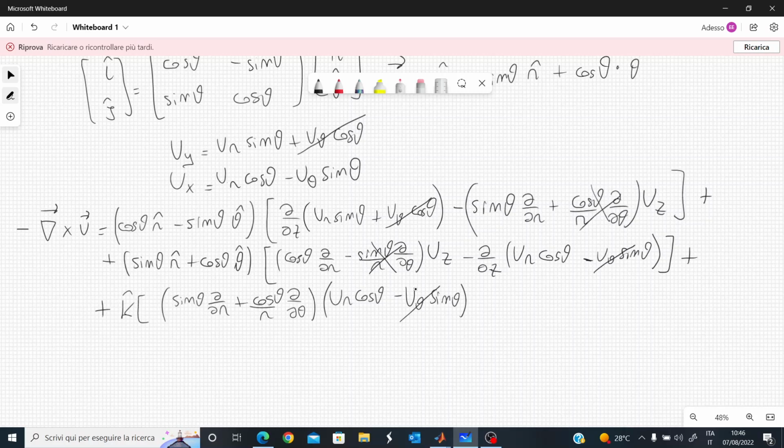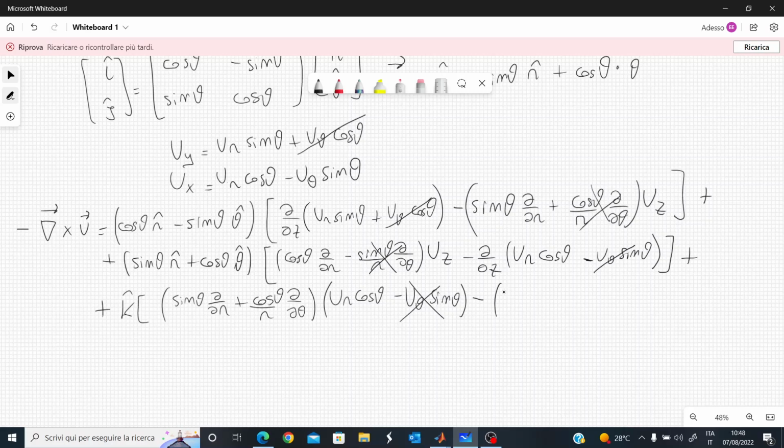And here you can cancel u theta because that's 0. But in this case, you cannot cancel this term actually, because we have cosine of theta here. So when we take the derivative, this will be applied to the cosine of theta, even if ur does not depend on theta, should not depend on theta, because otherwise we would lose our symmetry.